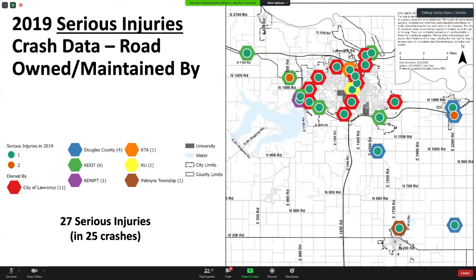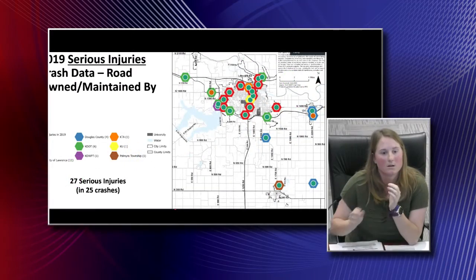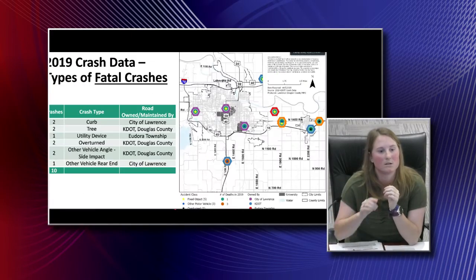And then when we look at serious injuries, there were a lot more agencies: KTA, KU, Palmyra Township, and out by Clinton Lake, the Kansas Department of Wildlife, Parks, and Tourism, as well as KDOT, Douglas County, and the City of Lawrence, which I thought was interesting.